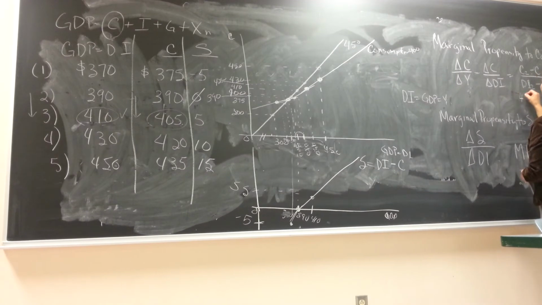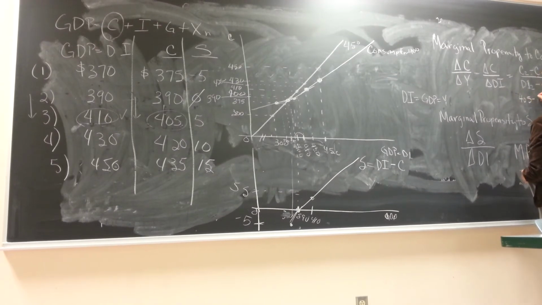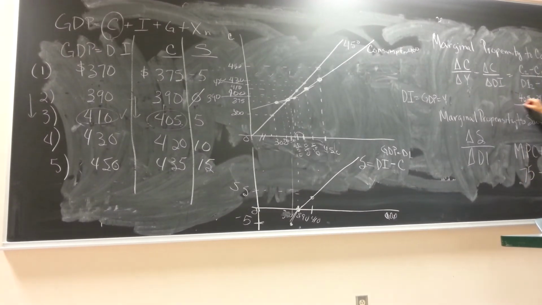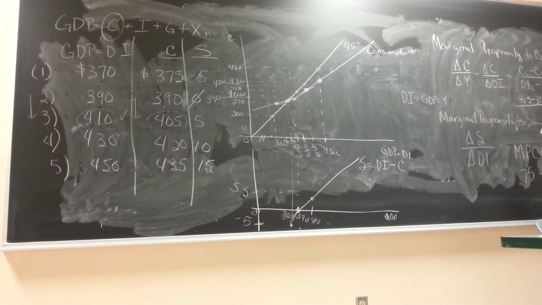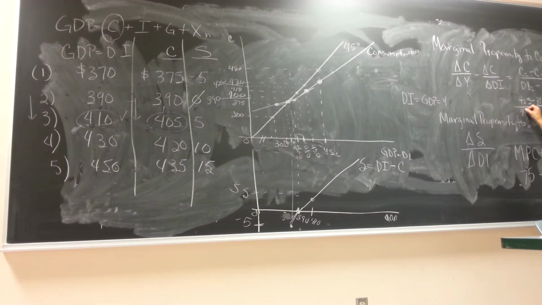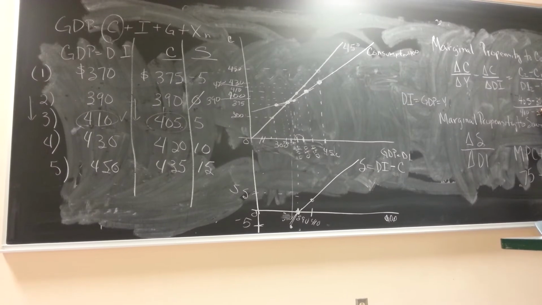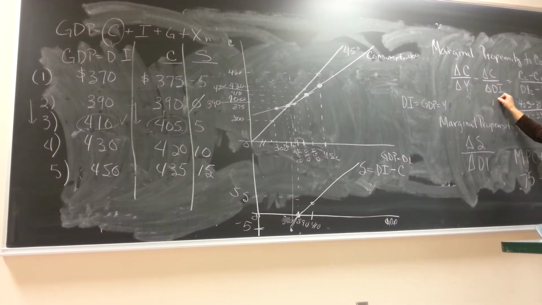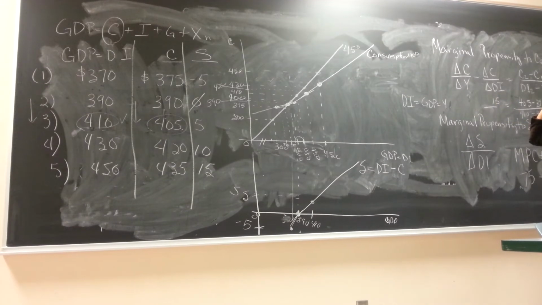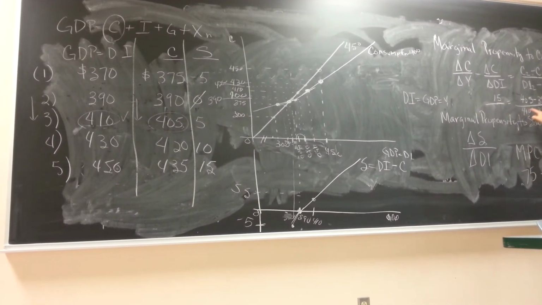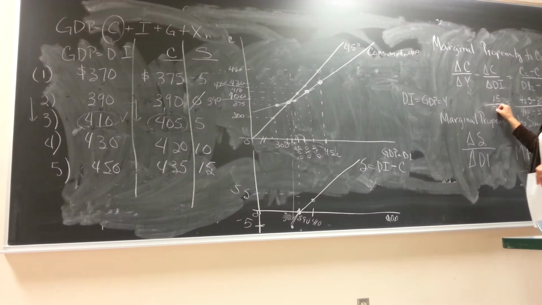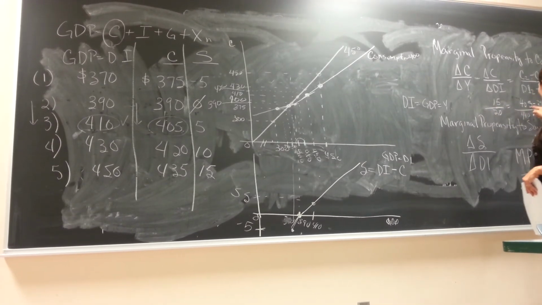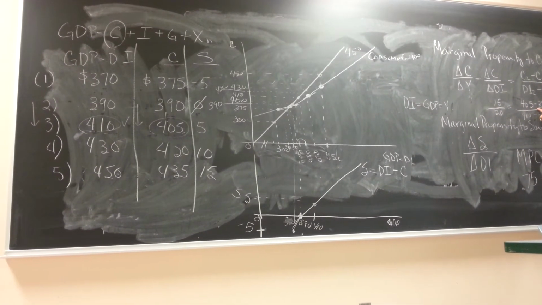So we said 405 minus 390 over 410 minus 390. Okay. And we calculate that out, and that is what, 15 over 20? 410 minus 390 is 20 and 405 minus 390 is 15.